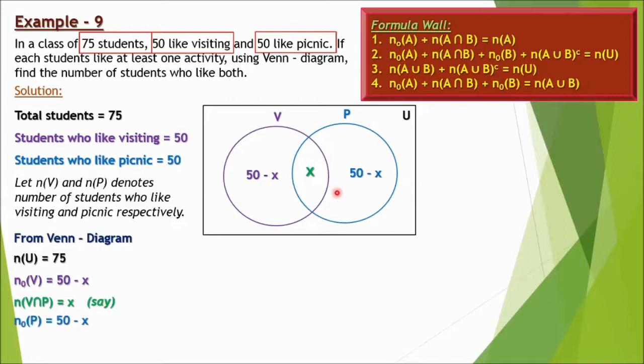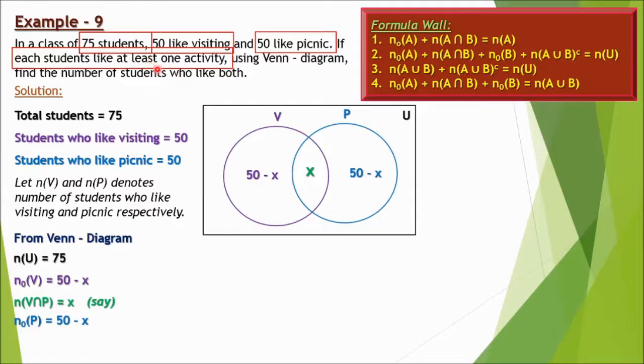Now focus on this rectangle. Each student has at least one activity, meaning a minimum of one activity. So among these 75 students, there is no student who rejects both activities, picnic and visiting. They either like visiting or picnic. So we don't find any student who has no interest in both.